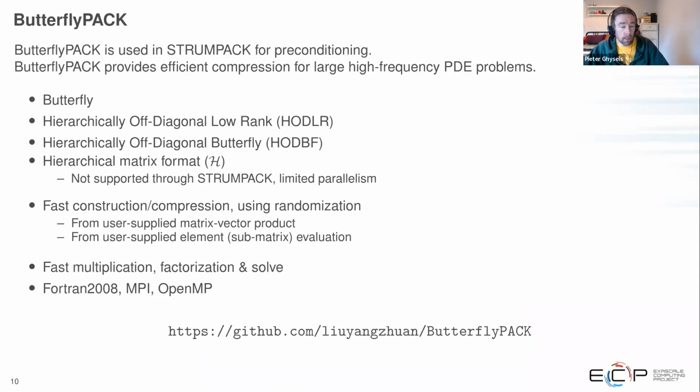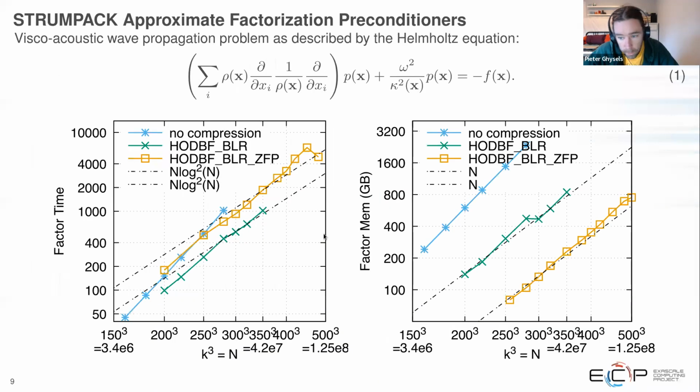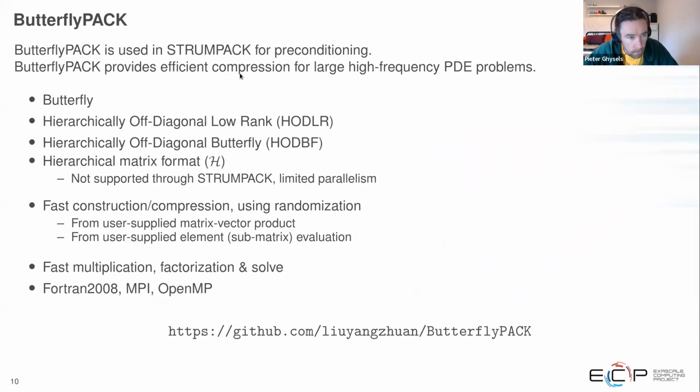But these previous results were using ButterflyPACK to implement this HODBF hierarchically off-diagonal butterfly decomposition. ButterflyPACK is a package with solvers mainly for dense matrices. So it implements this butterfly decomposition, which I will explain more later.